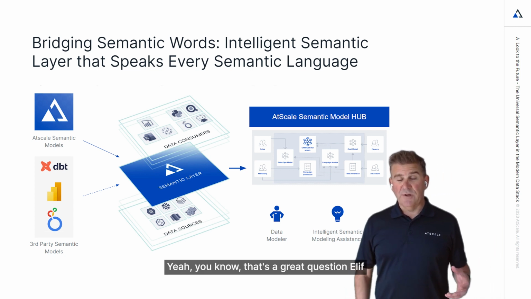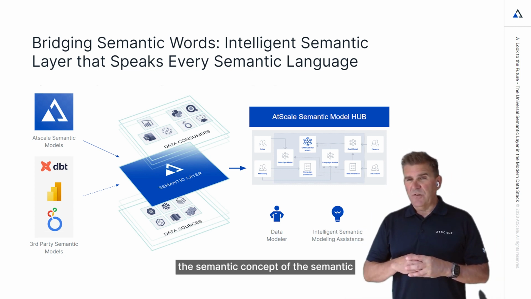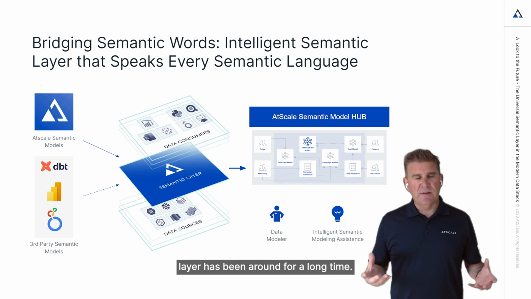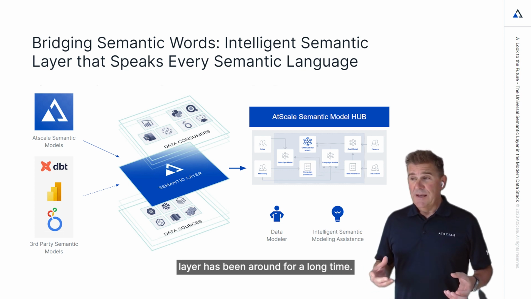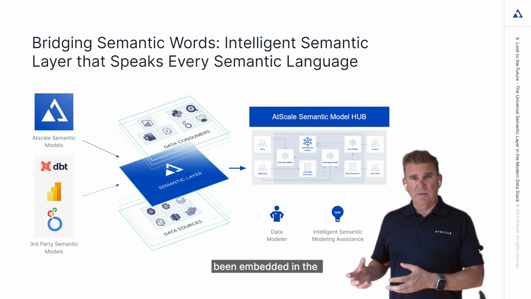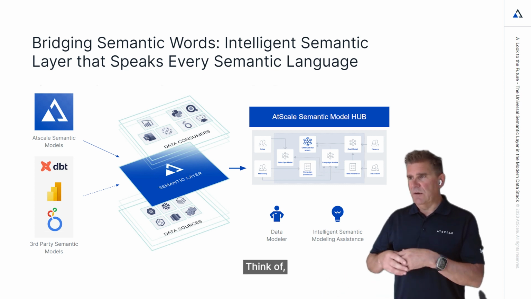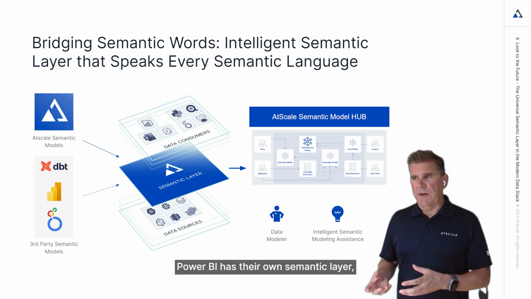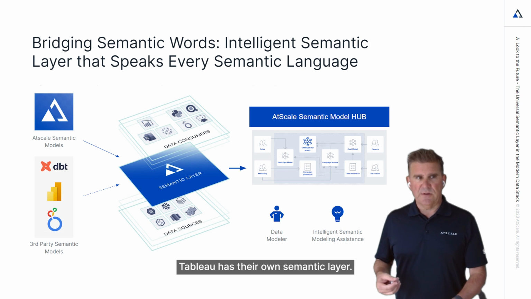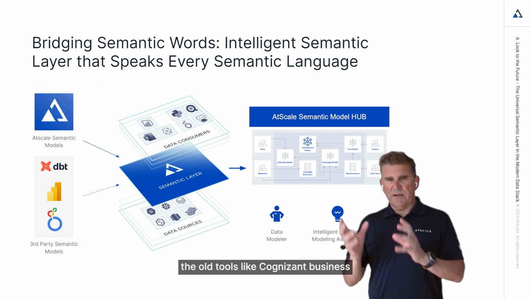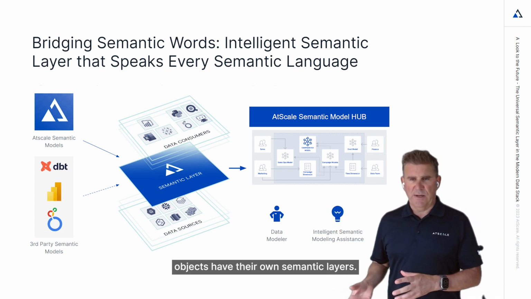Yeah, that's a great question, Aleph, because the concept of the semantic layer has been around for a long time. Traditionally, it's been embedded in the BI tools. Think of Power BI, which has its own semantic layer. Tableau has its own semantic layer. The old tools like Cognos and Business Objects had their own semantic layers.